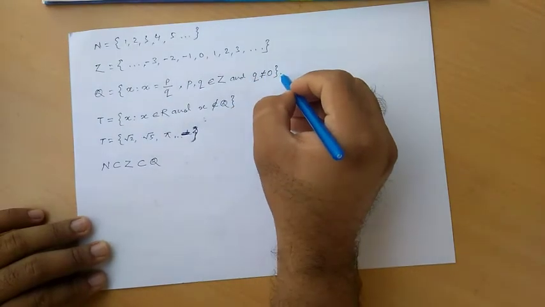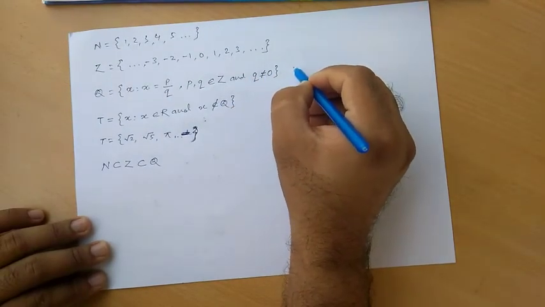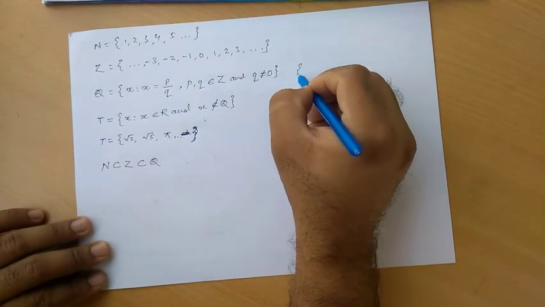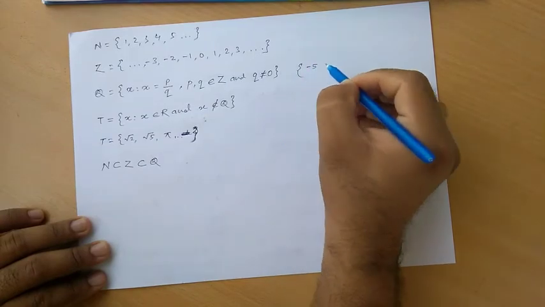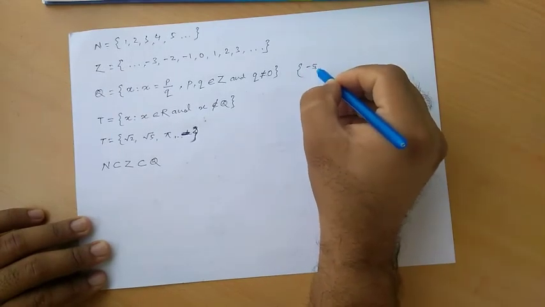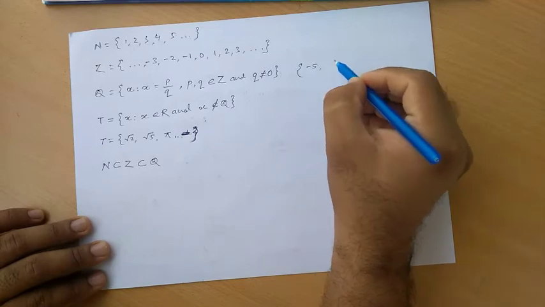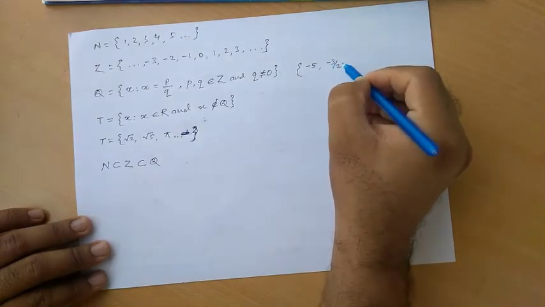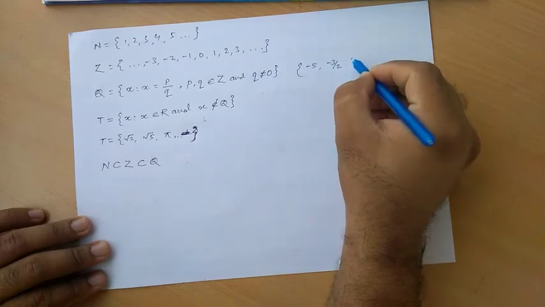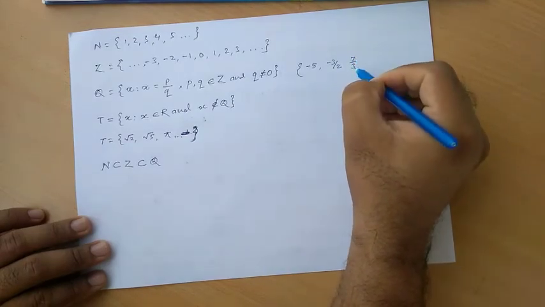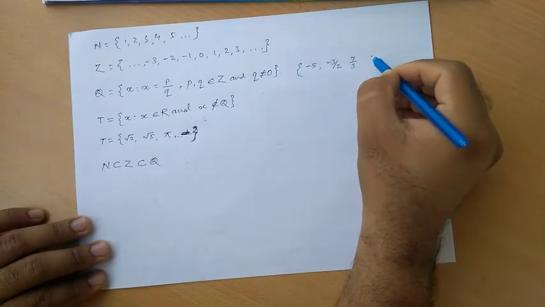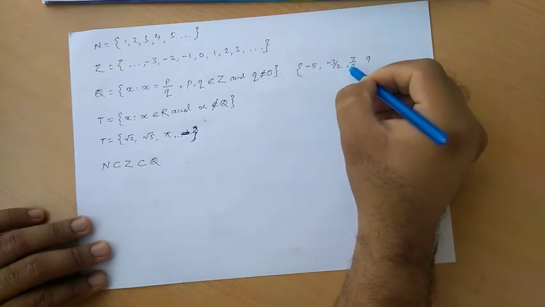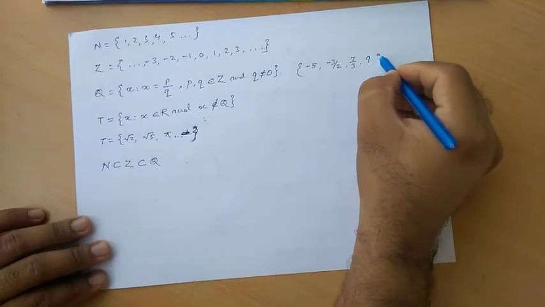For example, we can write minus 5, this is also a rational number. Minus 3 by 2, this is also a rational number. 7 by 3 is also a rational number. 9 is also a rational number. So these things are rational numbers.